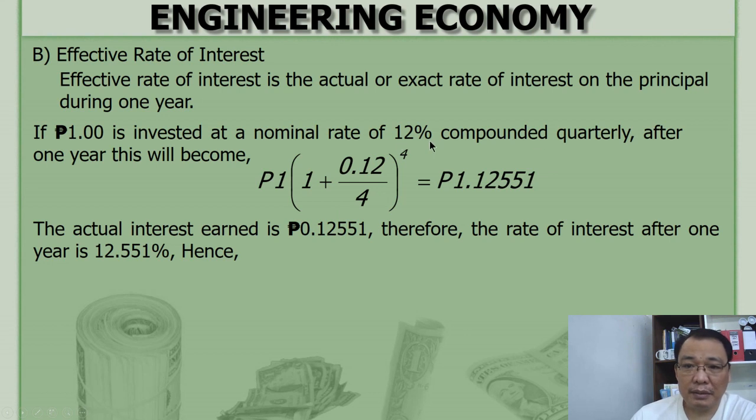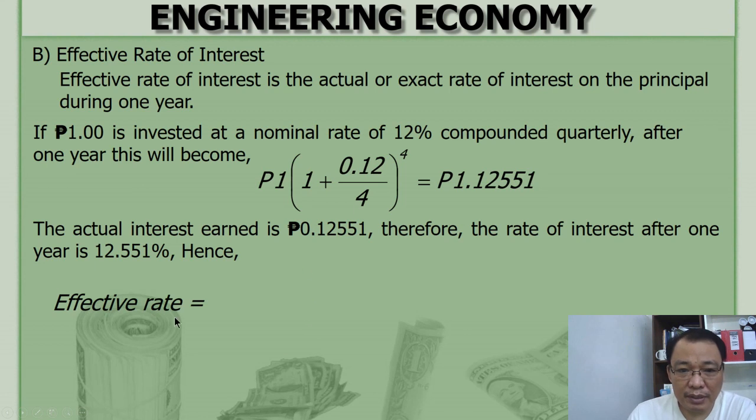Since it is compounded quarterly, the point is, the more often interest is earned in 1 year, the higher the effective rate of interest.